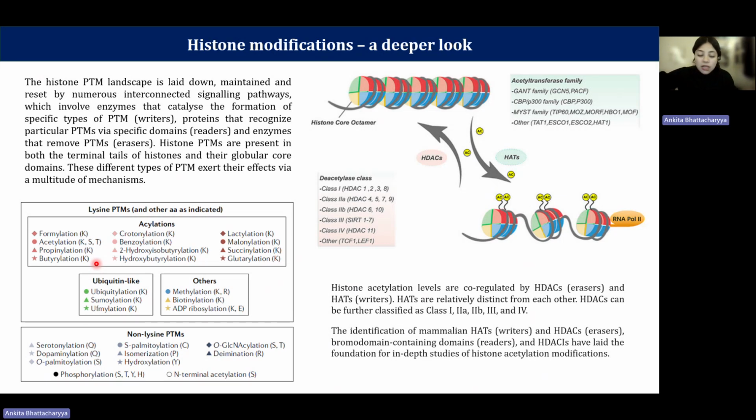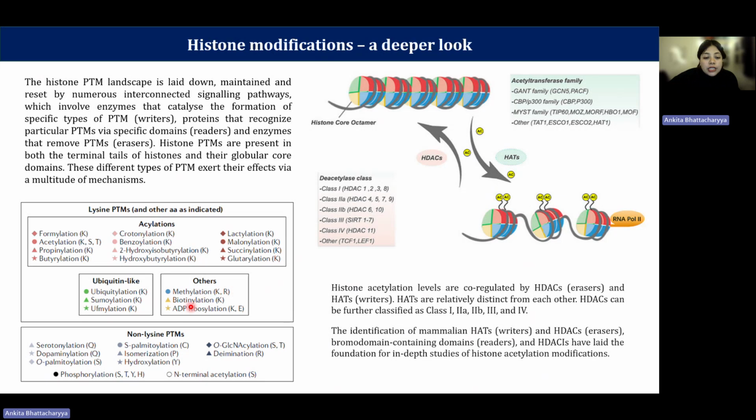What this basically means is that a certain side chain, a certain substituent group, is added onto one particular type of histone, and it has some effect on gene expression and gene regulation. You also have ubiquitin-like groups like ubiquitination, sumoylation, and ufmylation.